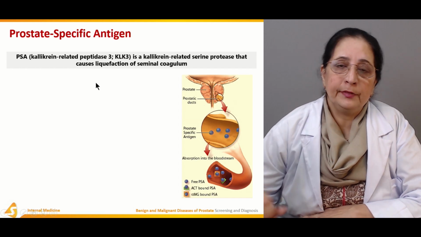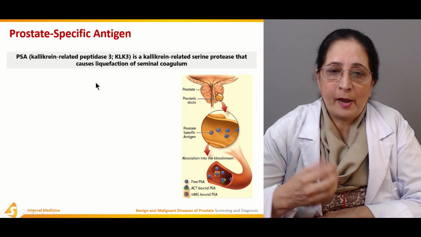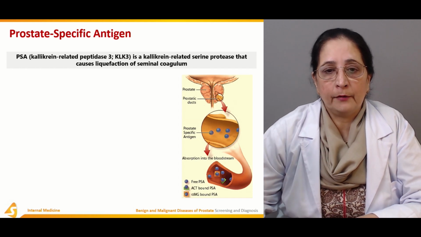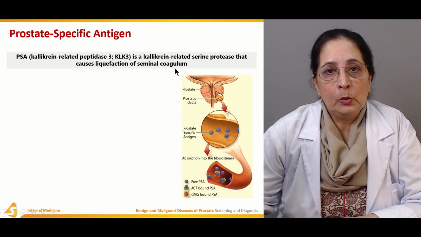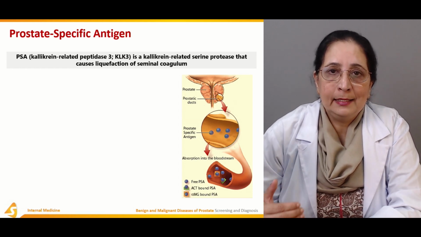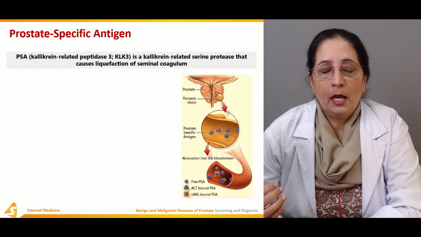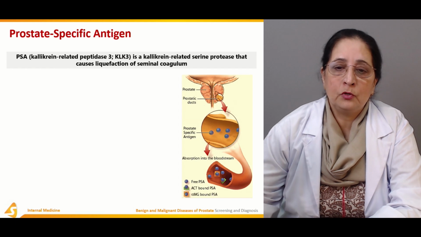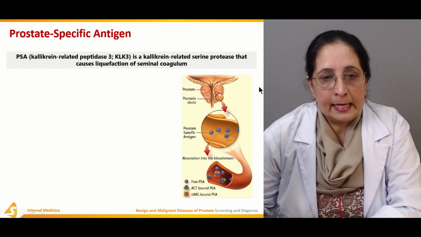Its function is to cause liquefaction, smoothing, and watering of the seminal coagulum. That's a very important function that prostate-specific antigen has in males, and it is produced from the prostate gland.